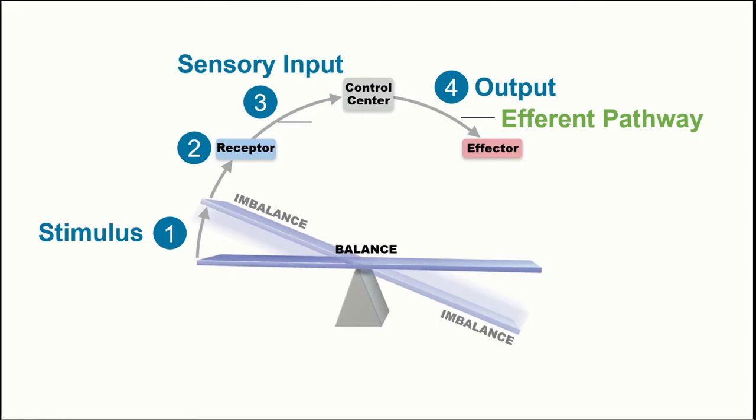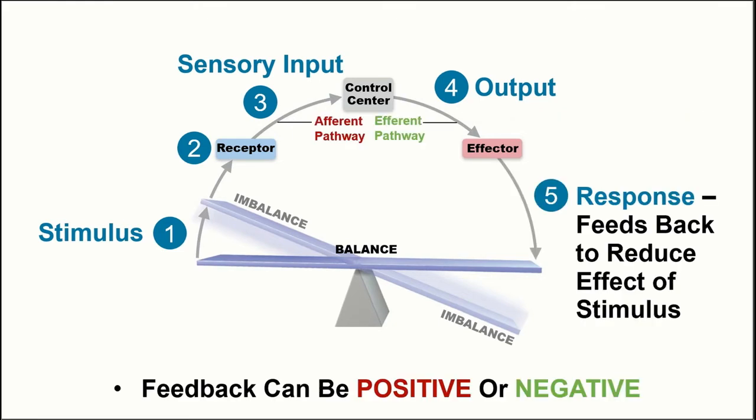So in our body temperature example, if our stimulus was cold air, then the effectors would be skeletal muscles that cause shivering, and shivering helps to warm up our body. So if our initial stimulus was cold air and our body was to cool down, then the effectors are skeletal muscles that cause shivering and help us to bring our body temperature right back into homeostasis.